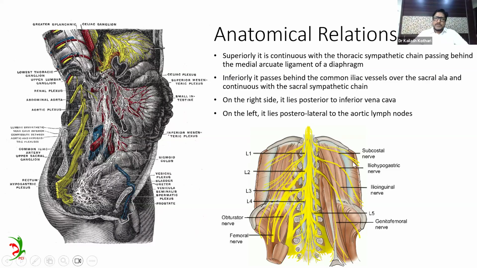Intravascular injection may produce vascular complications, and you have to be ultra careful when you are passing the needle beyond the anterior border of the body of the vertebra. And on the left, it is lying posterolateral to the aortic lymph nodes.